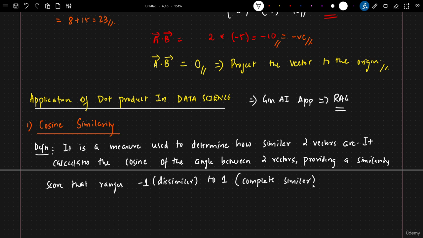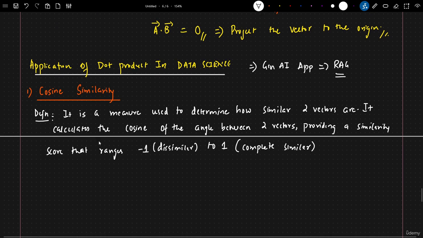When I say -1, it is the complete opposite. If we go towards +1, it is completely similar. So this is basically cosine similarity.